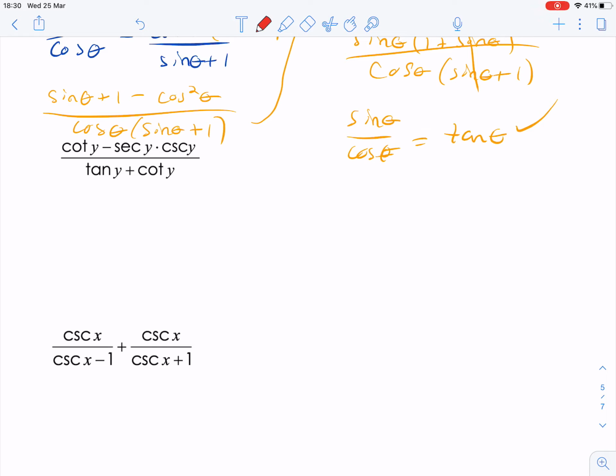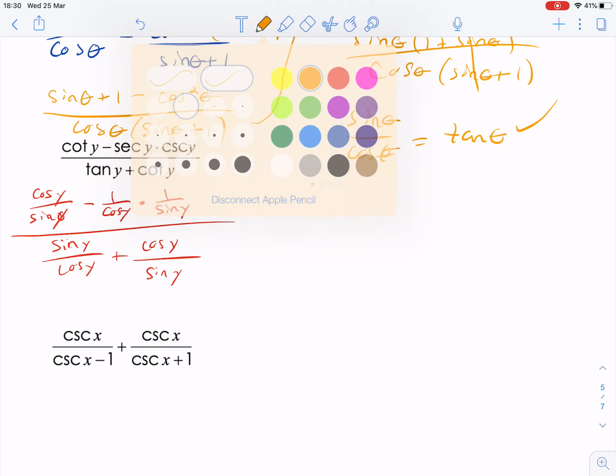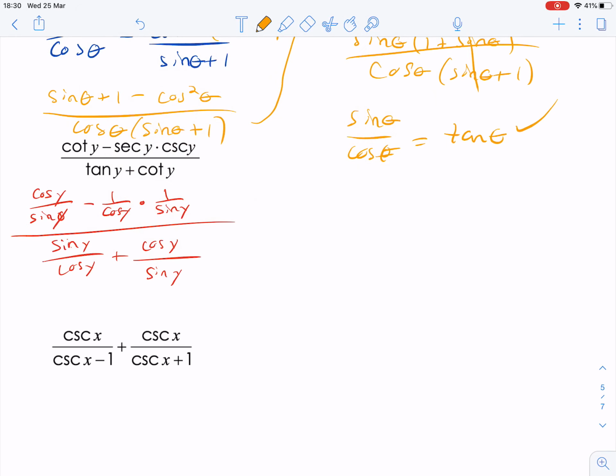When it's all messy like this, I would use the quotient identities, and I would get cosine of y over sine of y minus 1 over cosine of y times 1 over sine of y, all over sine of y over cosine of y plus cosine of y over sine of y. All right, let's combine these now.